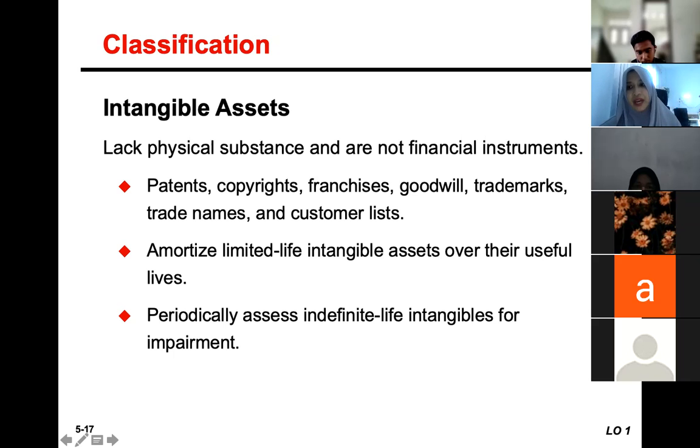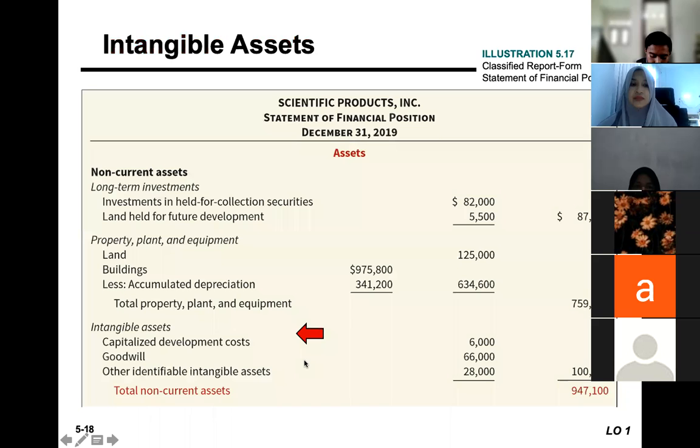The impairment can be caused by external factors like economic conditions, inflation, etc. Or, let's say, there is a new patent from another company, then it will be affecting the value of our patent. So that will cause the impairment of our intangible asset.